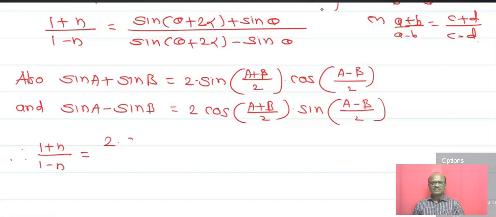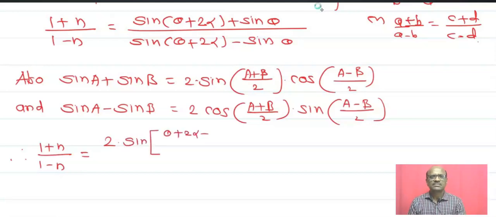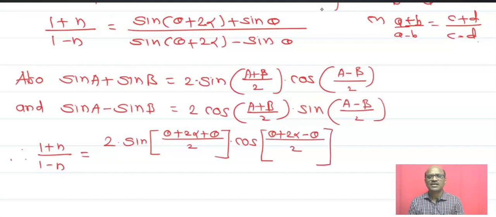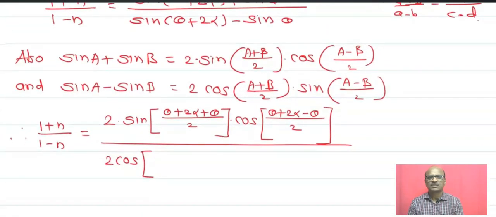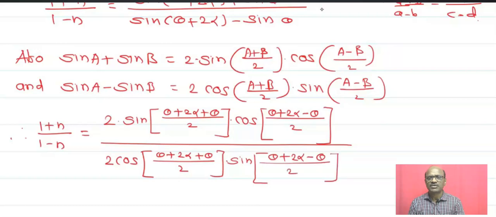Now see this here. Sine of theta plus 2 alpha plus theta upon 2 into cos of theta plus 2 alpha minus theta upon 2, and this whole divided by 2 times cos of theta plus 2 alpha plus theta upon 2 and sine of theta plus 2 alpha minus theta upon 2.